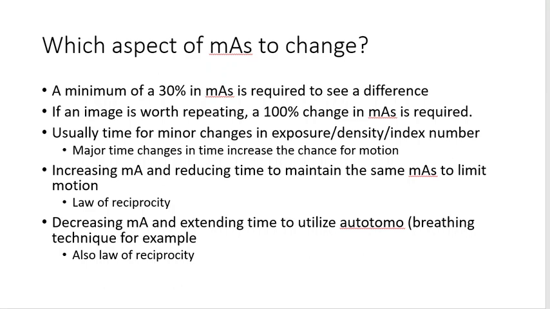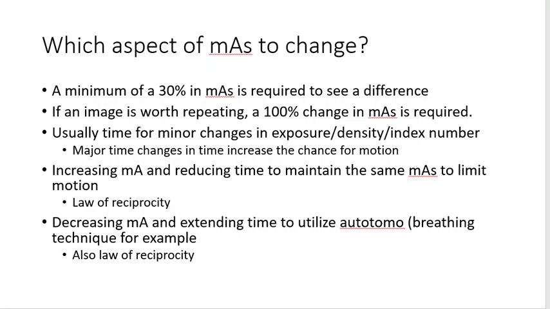The easiest thing to change is time. If you need double your exposure, then certainly you can double your time in order to make that change. But you've got to be careful that your patient can follow directions well enough that increasing the time, doubling the time, doesn't introduce motion.